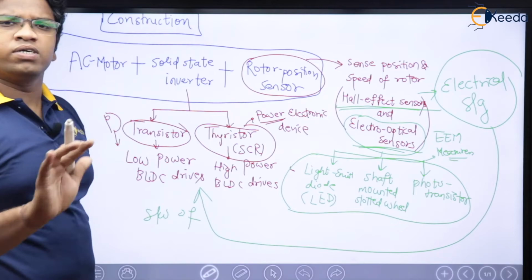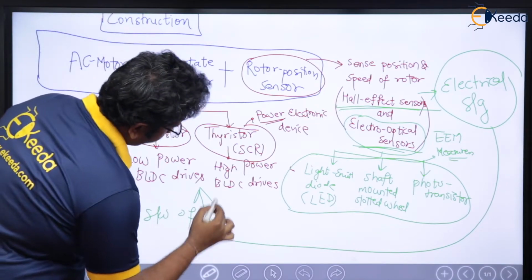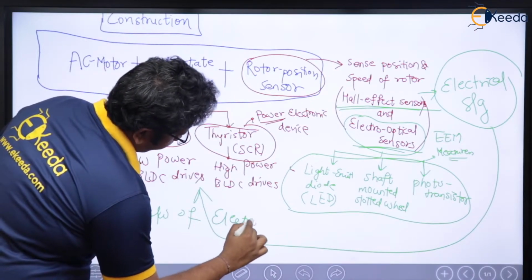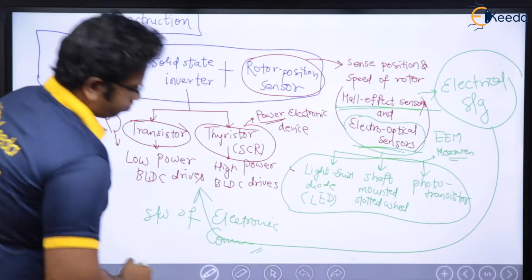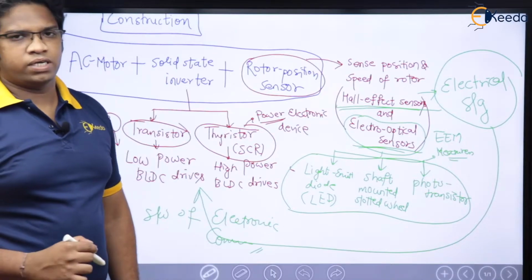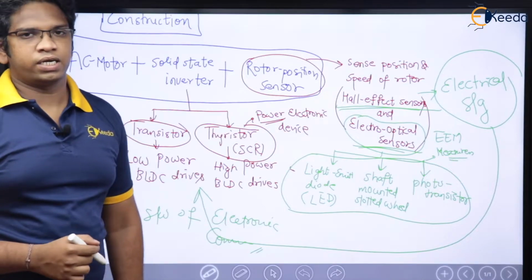How it is happening, I will tell you. Please don't worry about it. These are the switches of this electronic commutation, the switches of this particular inverter, or the structure which is used. Either it is a transistor structure or a thyristor structure.